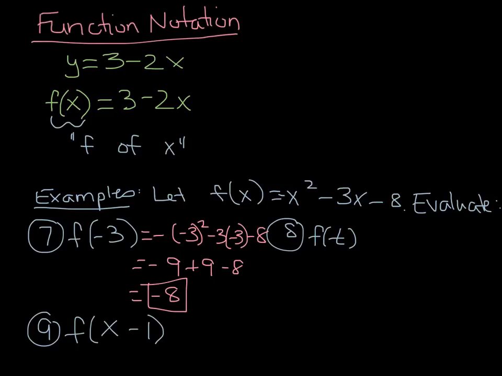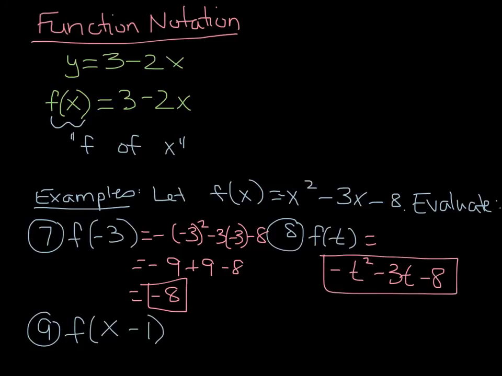For number 8 and 9, we also are going to do the same thing. These look harder because they have variables instead of numbers, but actually 8 is really easy. So all you're going to do is everywhere that you see an x in the original equation, you're going to replace it with a t. And that's our answer.